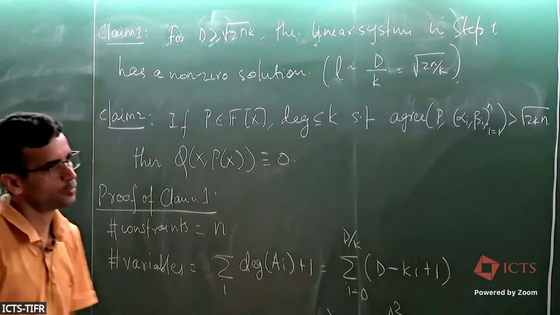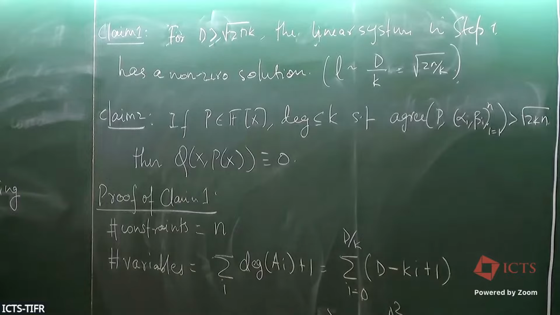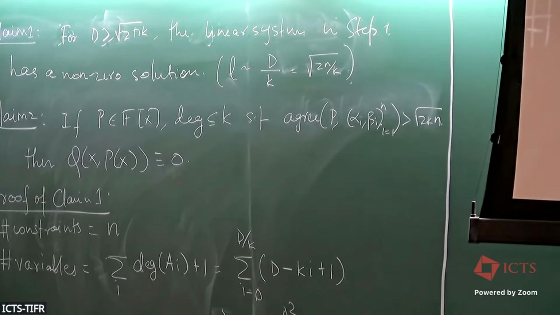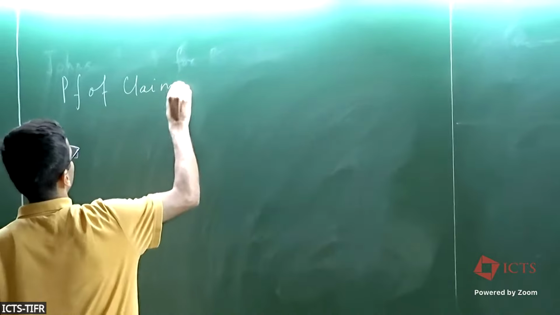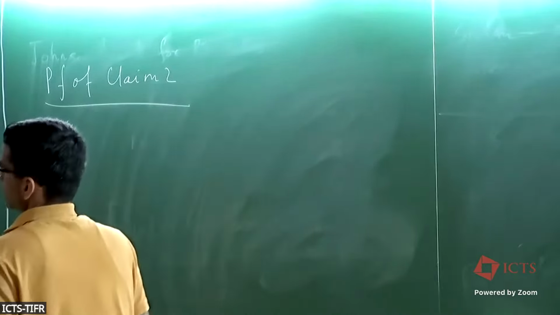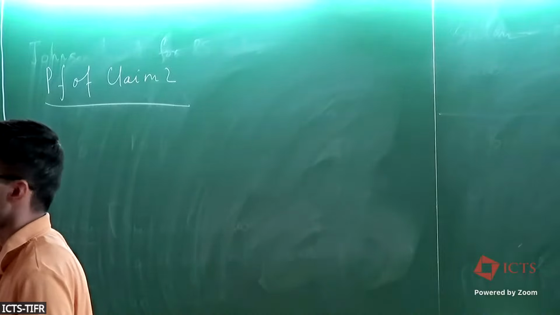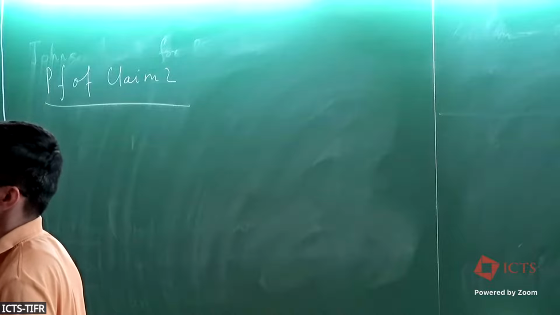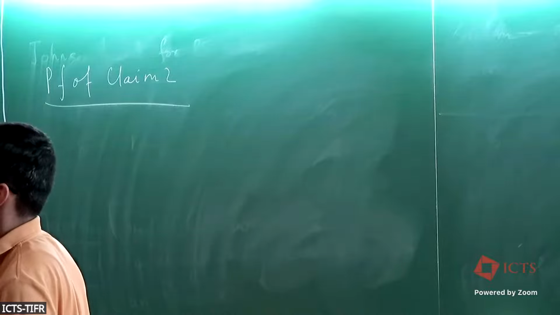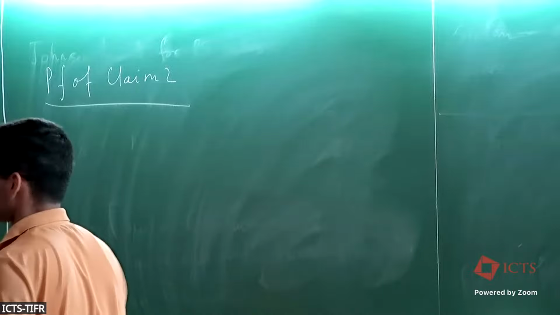So let's argue the second claim. Proof of claim 2. In the second claim, we have to show that if P is a polynomial that has large agreement with the given data, larger than square root 2nk, then Q(x, P(x)) is 0.